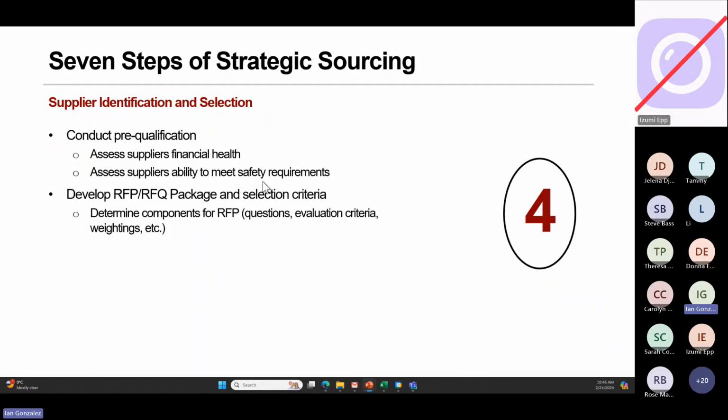You see if they meet your company's safety requirements, and you start to develop your request for proposal or request for quotation package with selection criteria. Internally you're building a questionnaire, your weights and your questions, and you're developing your rubrics and how they'll be evaluated. Essentially, you're preparing to go to market. Okay, that's what supplier identification and selection is.